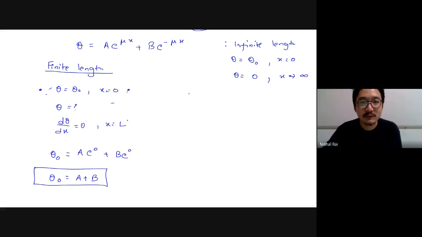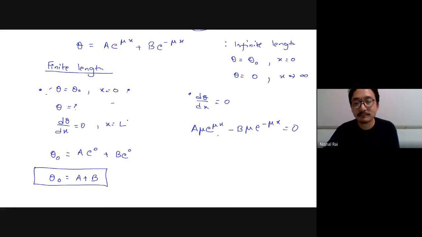Now your second equation is you want the derivative of theta with respect to x to vanish. Now let's take a derivative of this. So the derivative of A e to the power mu x will be A mu e to the power mu x. And the derivative of the second will be negative B mu e to the power negative mu x. Is this point clear? I've just taken the derivative of this.